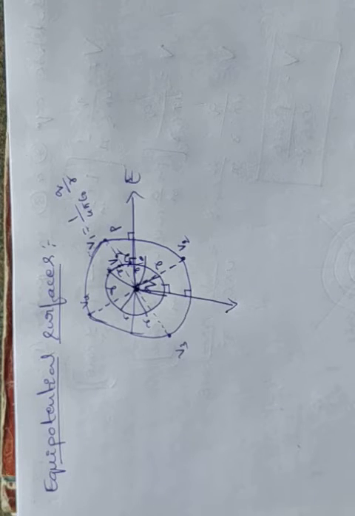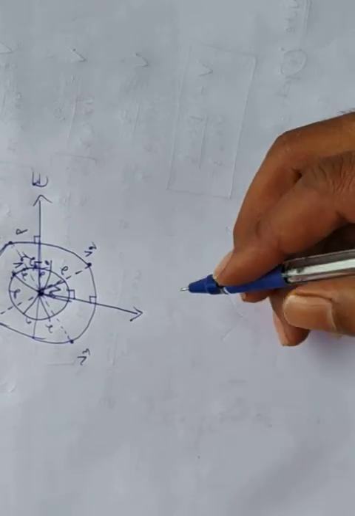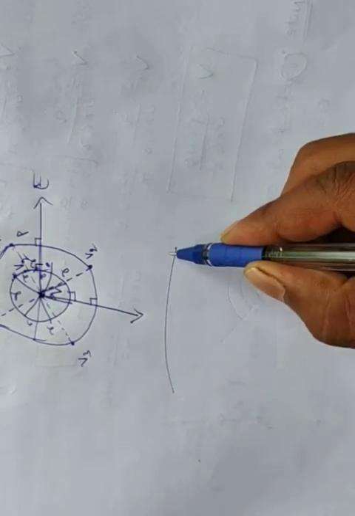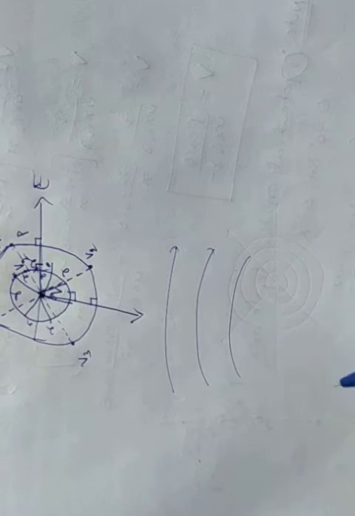And what about the work done to move a charge in this equipotential surface? See, this is one equipotential surface. For example, these are the equipotential surfaces we have taken like this.